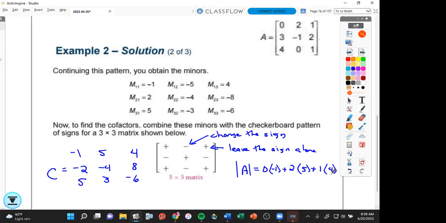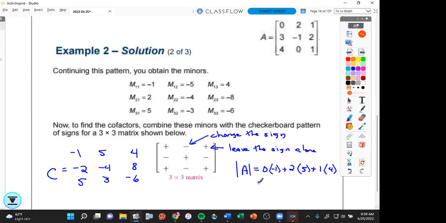This is the determinant. I'm calculating the determinant of this 3 by 3 matrix, and I'm using their method, which is called expansion by cofactors. You can choose any row or any column, you're going to get the exact same answer.